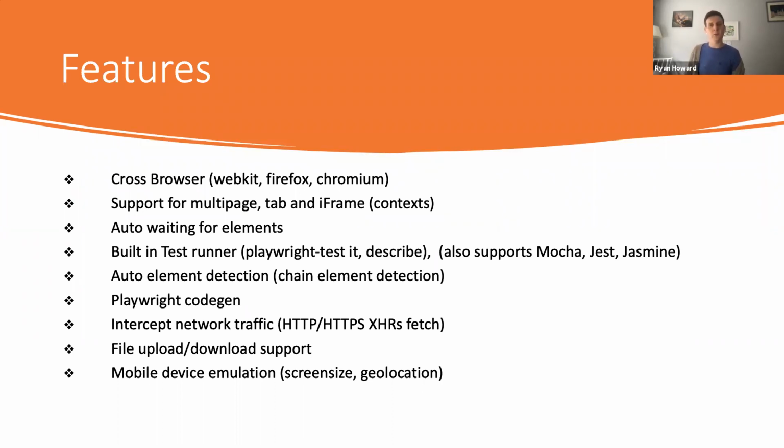So if you want to check how your web application works on an iPhone, you can spin up a new context as part of your browser, change the screen size to that of an iPhone 10 or 11, 12, whatever it is.